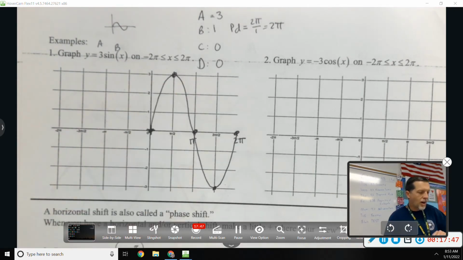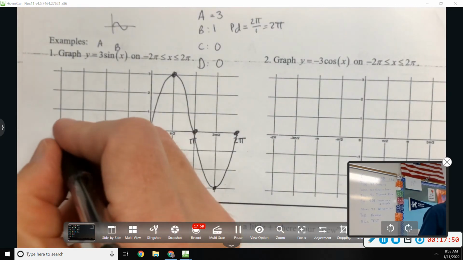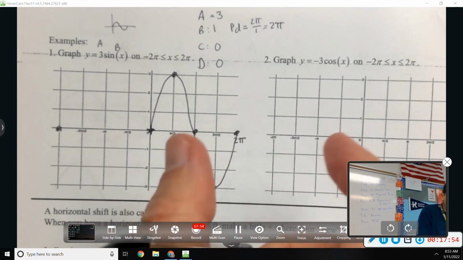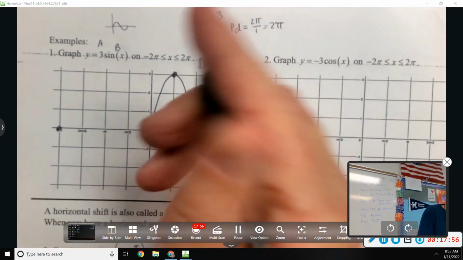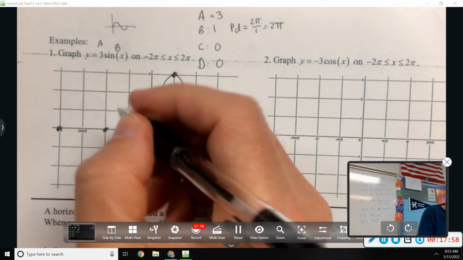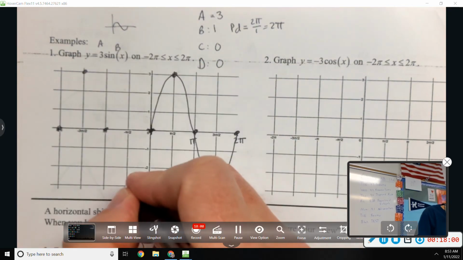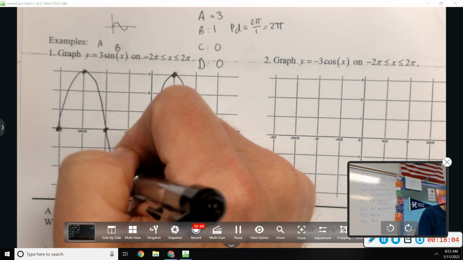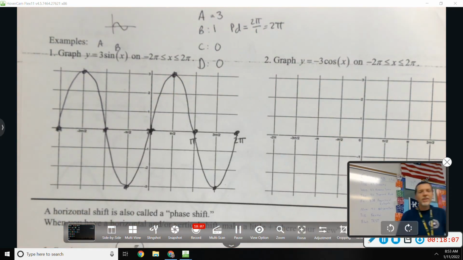And it does say graph it between negative 2 pi and 2 pi. So I just need to mentally and then actually physically copy that backwards one. And then the nice and smooth graph. That's pretty good. Pretty good for my first sine wave of the day.